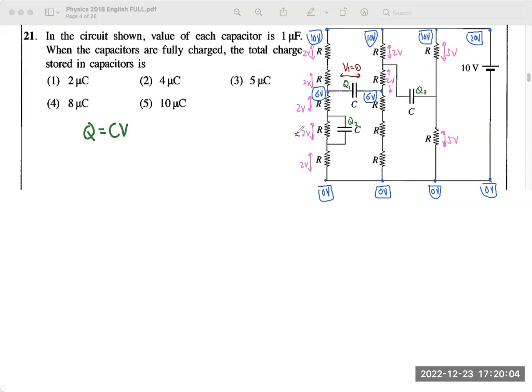And here V2, the potential drop across Q2 is 2 volt, and for this one, now see, 10 minus 2, that is 8 volt here, and here 10 minus 5, 5 volt here. Therefore 8 minus 5 gives us V3, which is going to be equal to 3 volt.